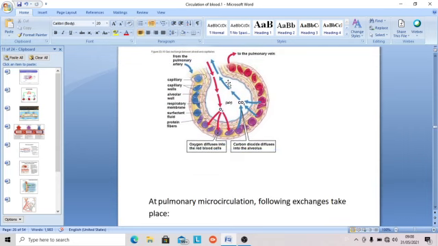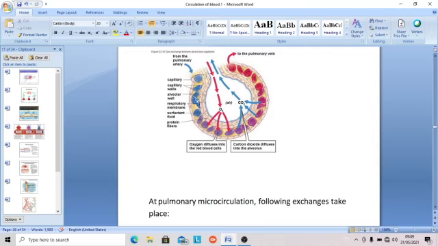The same thing is shown here. Beautifully you can see the violet color. As the oxygen enters and CO2 goes out, it slowly goes to red color, and then the pulmonary vein. It is like this. This is an alveolus, the air inside, and surrounding the alveolus you have the blood moving in the capillary wall.